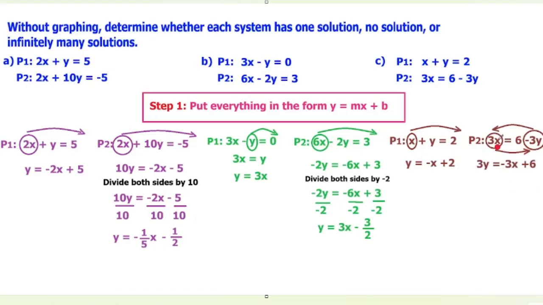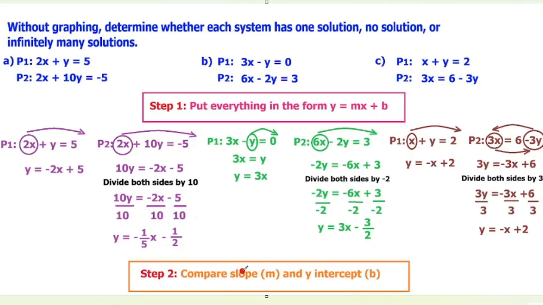So what we end up with is 3y equals negative 3x plus 6. Now we can divide both sides by 3 to get y on its own. Each term gets divided by 3, and we're left with y equals negative x plus 2.